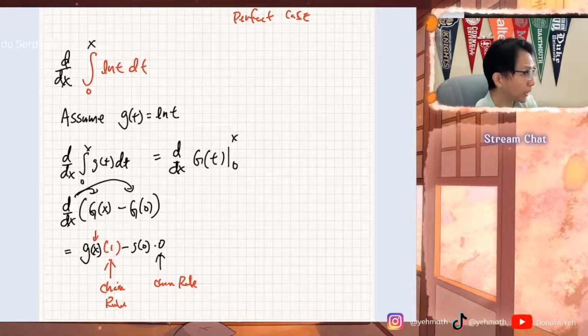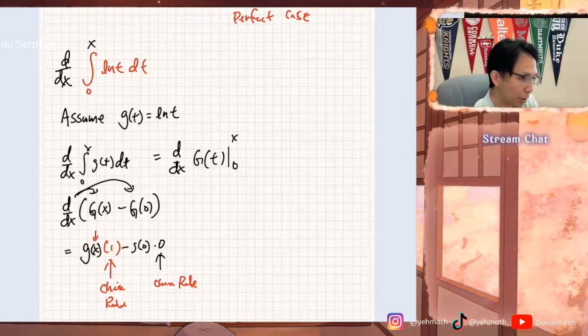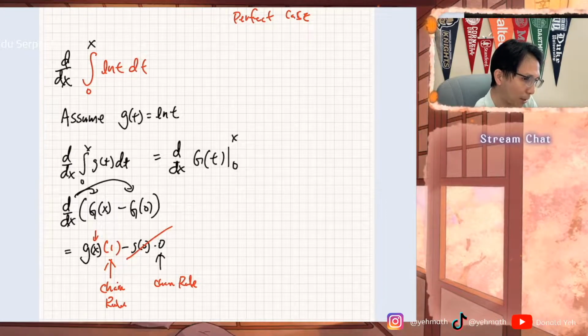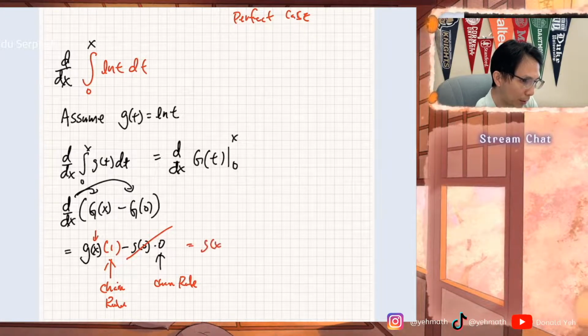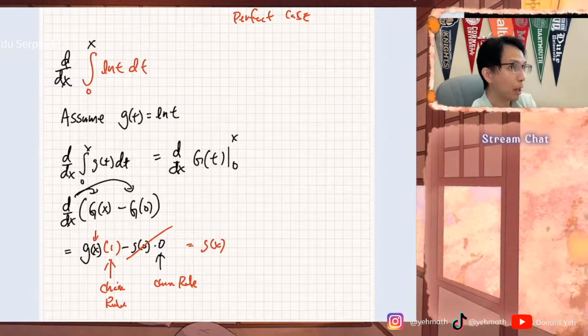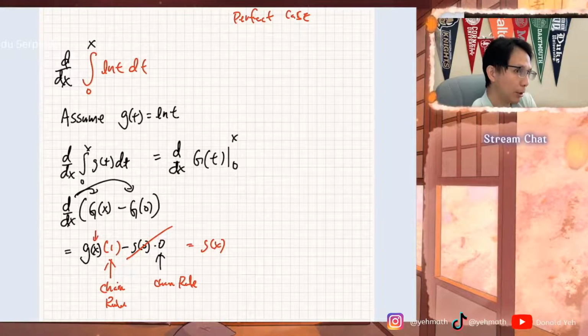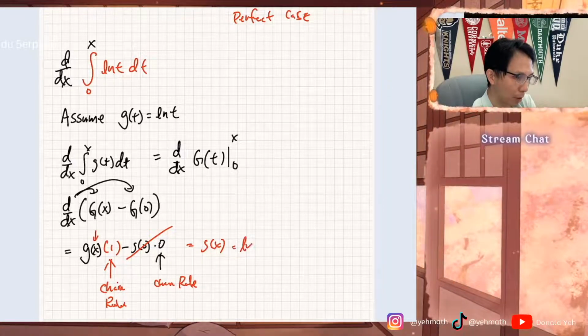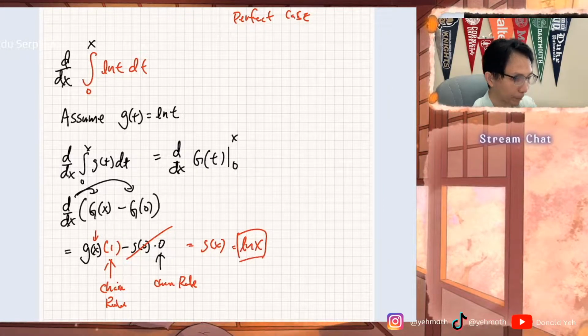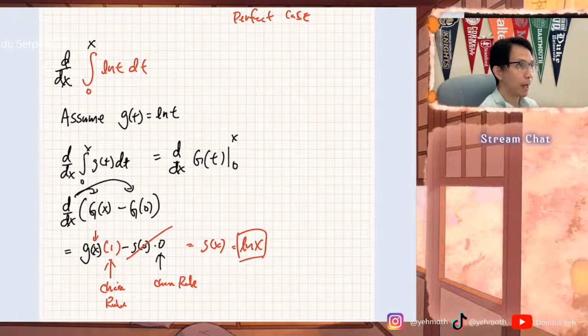It's a chain rule again, so that just goes completely away. Does that make sense? Eventually we get g of x, and we already know g of t is natural log of t, so g of x just becomes natural log of x. And we go back to before.